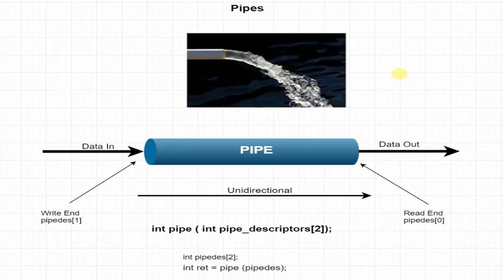So in order to create a Linux pipe, we need to declare an array of two integers as shown in the pipe descriptor of 2, and then pass this array into the pipe system call. The pipe system call on successful creation of the pipe will return a 0, else it will return -1.